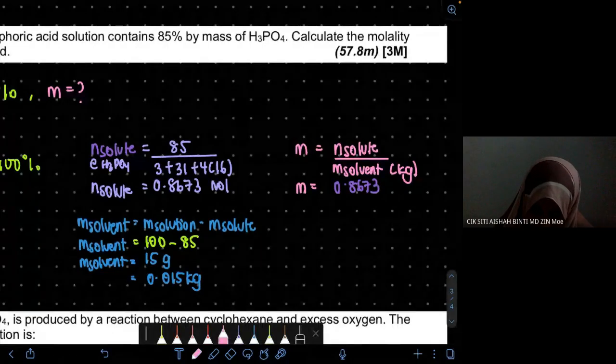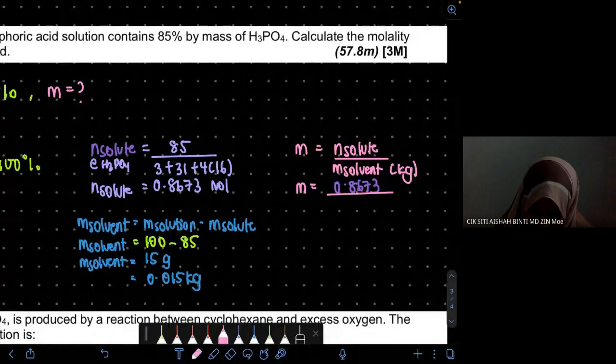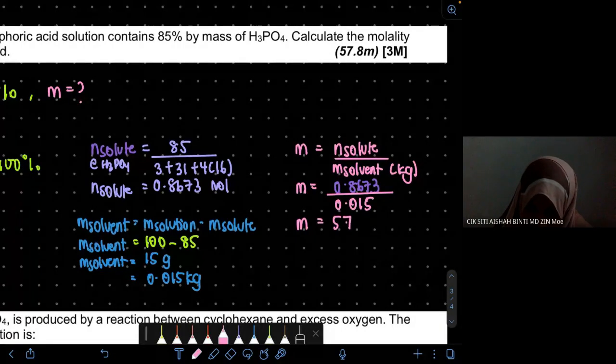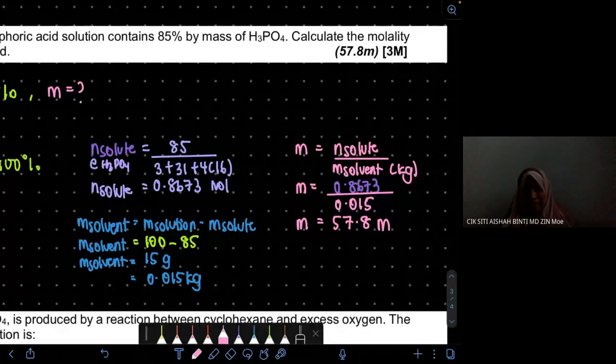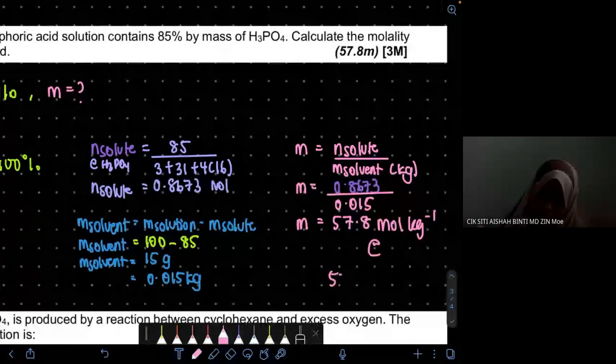Our mass of solvent is actually 0.015. So molality kita dapat 57.8 m, small m. Nak tulis mole per kilogram boleh, 57.8 small m sahaja pun boleh.